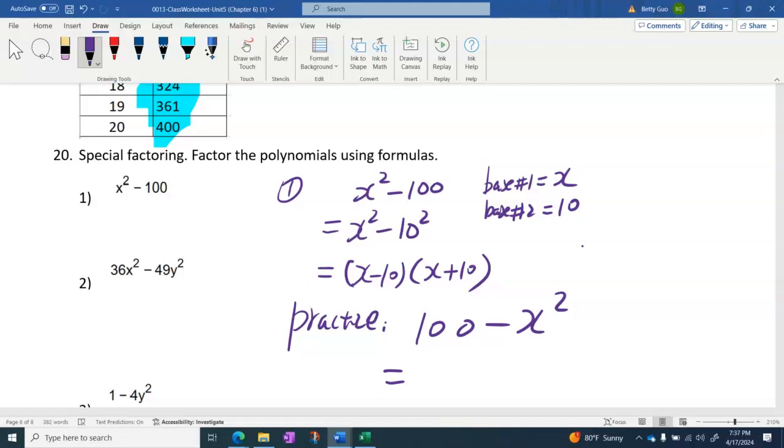I'll give you a couple minutes. By the way, it's different from x squared minus 100, okay?